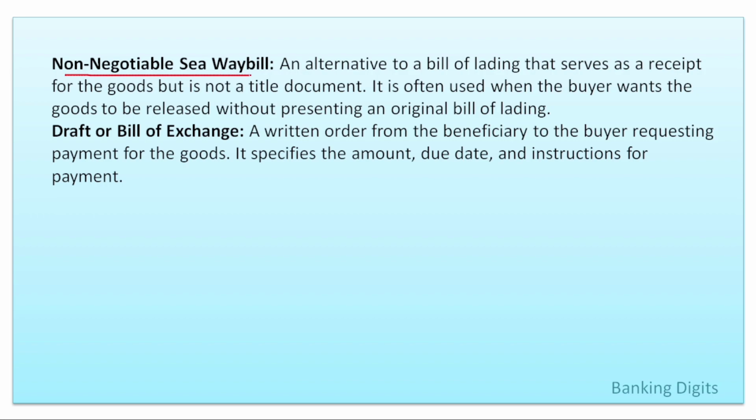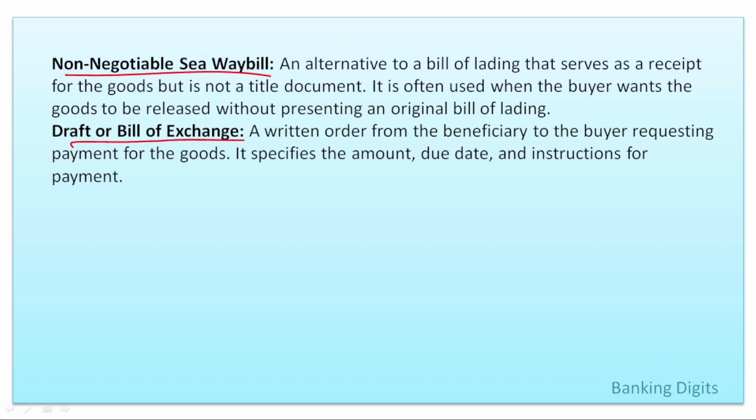Next is non-negotiable sea waybill, an alternative to a bill of lading that serves as a receipt for the goods, but it is not a document of title. It is often used when the buyer wants the goods to be released without presenting an original BL. Draft or bill of exchange: a written order from the beneficiary to the buyer requesting payment for the goods.